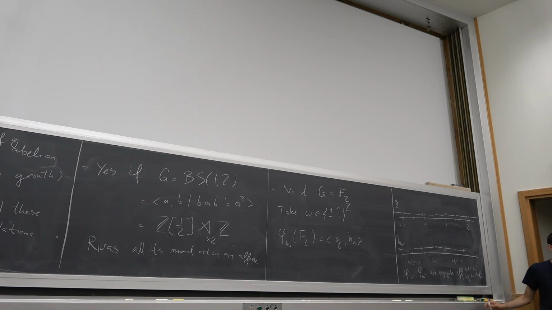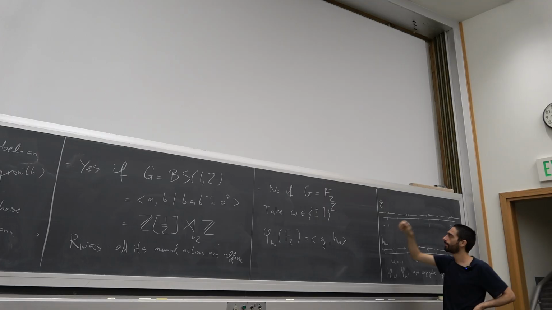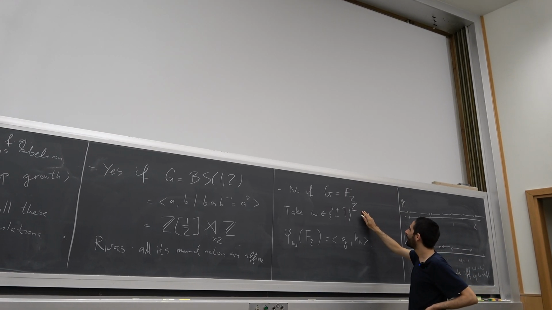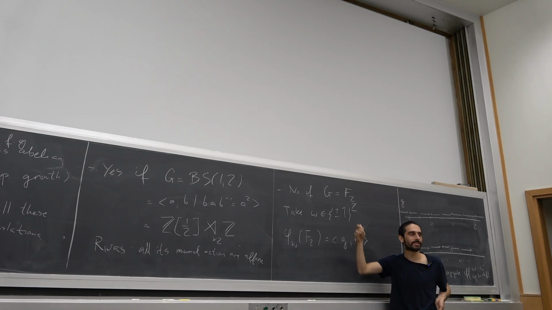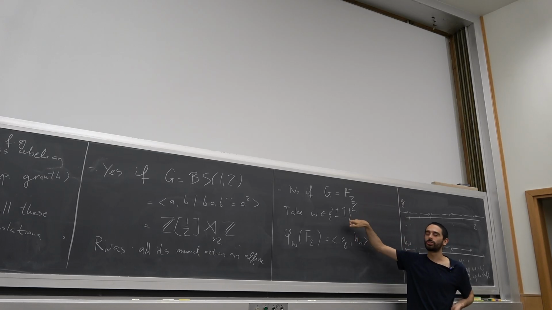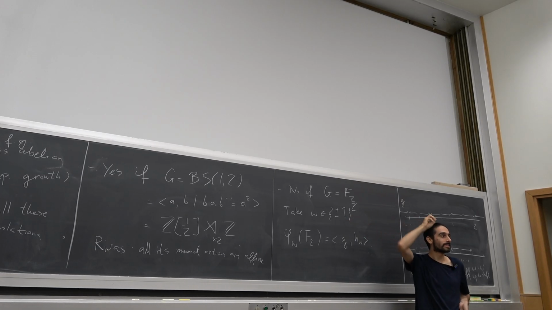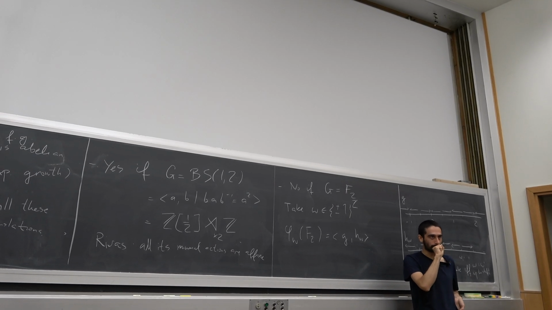So you can read this word from the conjugacy class of phi omega. The thing is that there is no measurable way of selecting an orbit of the shift from each element here. That's the reason why this fails for F2.